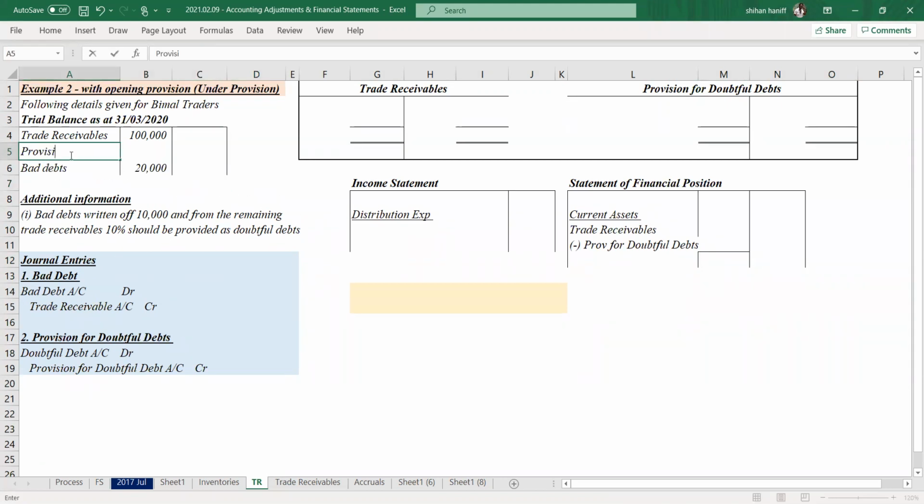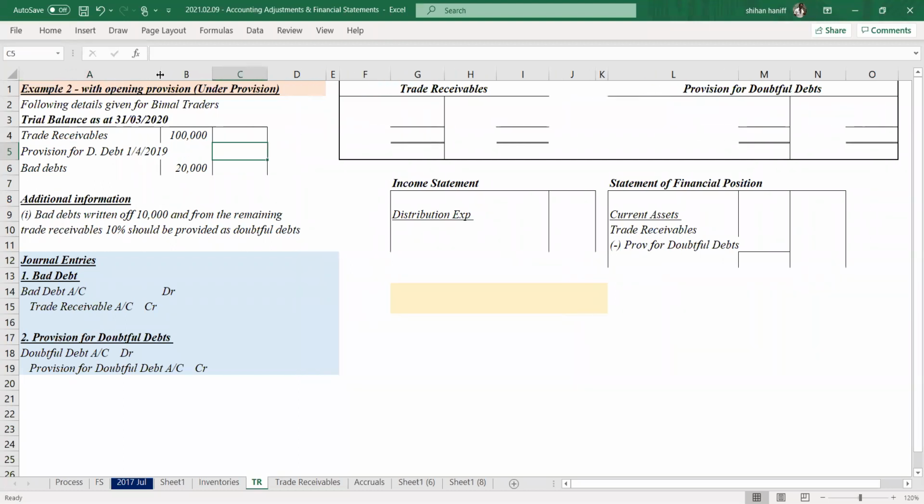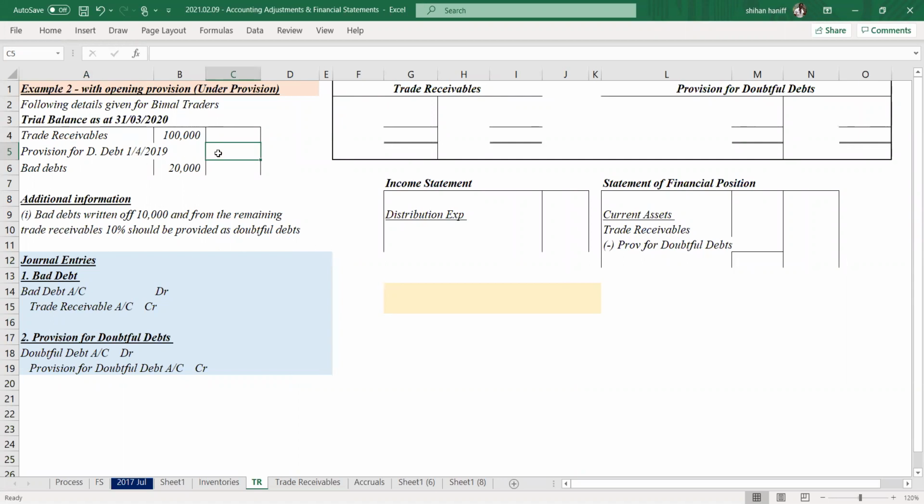Provision for doubtful debt, 1st of April 2019, 50,000.